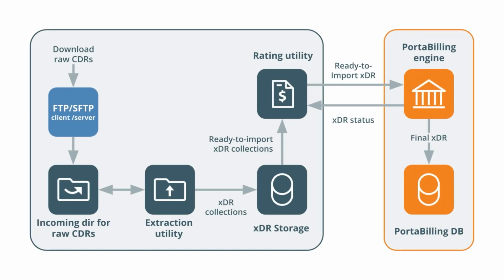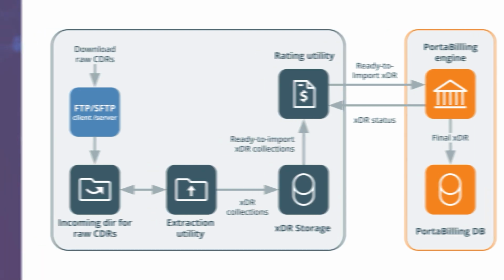The xDR Mediator then sends these xDR collections to the PortaBilling online charging system, or OCS, using the Radius protocol. For each xDR, PortaBilling identifies the account that consumed the service and calculates the charged amount according to your defined rates. Or, if you do not have your own defined rates for the specific charge, it will use the total amount charged by the third-party vendor. Finally, PortaBilling adds this resulting xDR to the appropriate customer account.